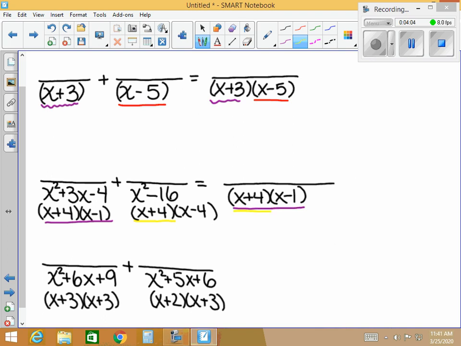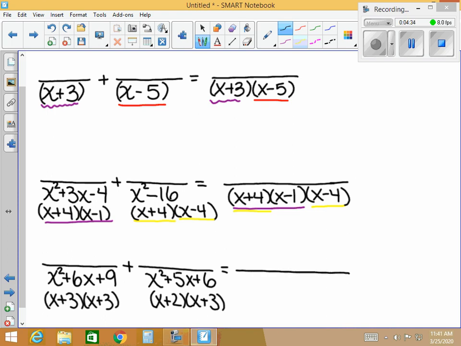If it's already written down, I don't have to write it down again. But it also says I need x minus 4. Since that one's not on there yet, I stick it on the end. The lowest common denominator between those two polynomials in the middle example is x plus 4, x minus 1, x minus 4, in whatever order you want to put them down.